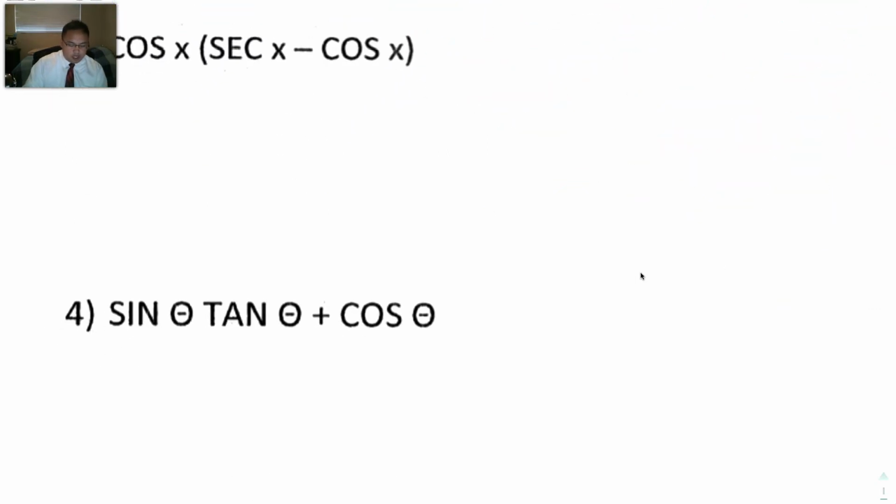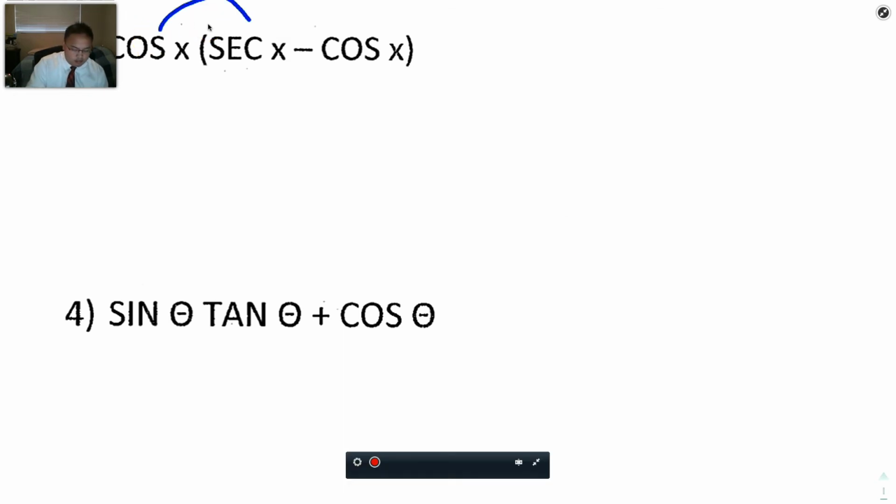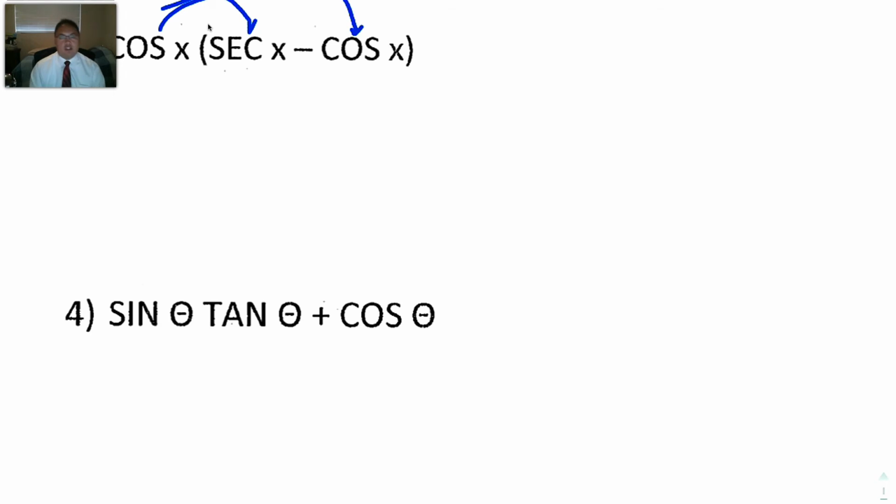Here in number 3, I first have a cosine on the outside of a parentheses. So the very first thing I need to do is use the distributive property and apply that cosine to both terms on the inside. So on the outside I have a cosine, and for simplicity's sake I'm going to remove the x: cosine secant minus cosine squared.